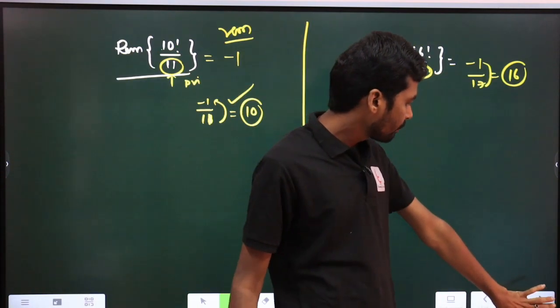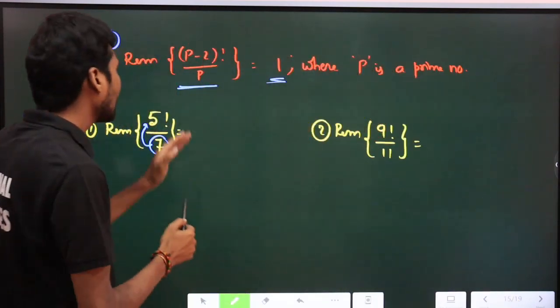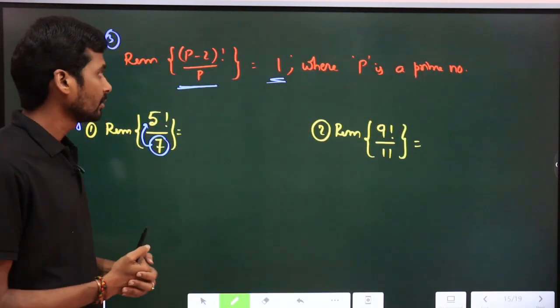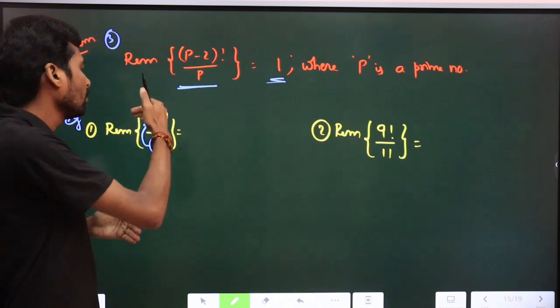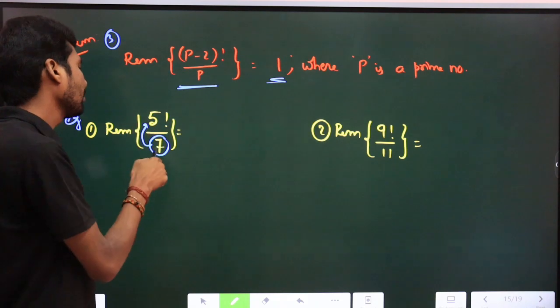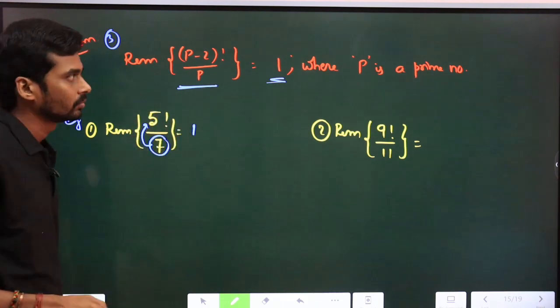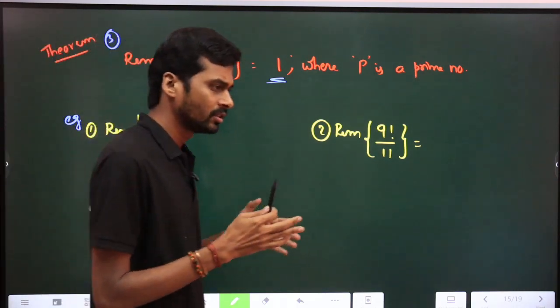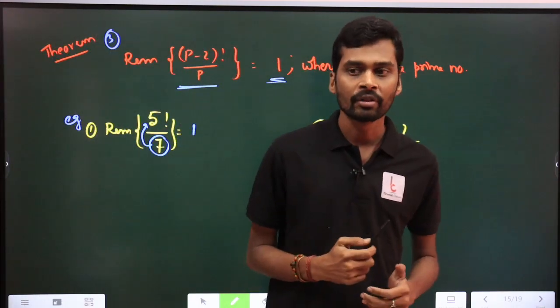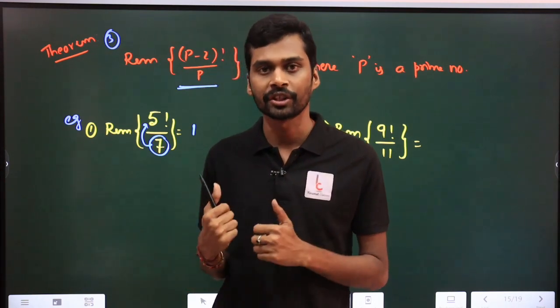Now in Wilson theorem 3, again we have a prime number in the denominator, but the difference between the numerator and the denominator is 2. Here 5 is 2 less than 7, so immediately the answer is 1. Just remember these theorems, because they are very important. Without them, it is very difficult to find the answer to these questions.